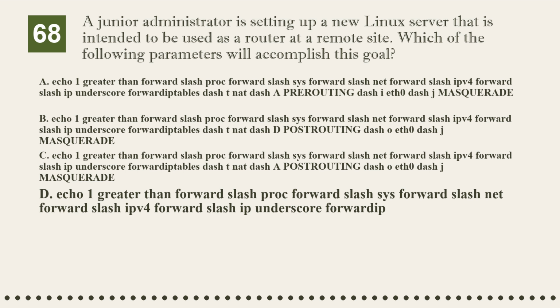Option B, echo 1 > /proc/sys/net/ipv4/ip_forward; iptables -t net -D postrouting -o eth0 -j masquerade. Option C, echo 1 > /proc/sys/ipv4/ip_forward; iptables -t net -A postrouting -o eth0 -j masquerade.